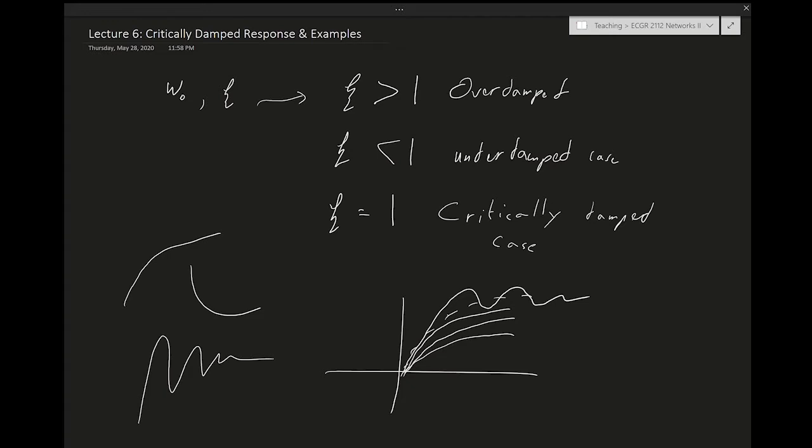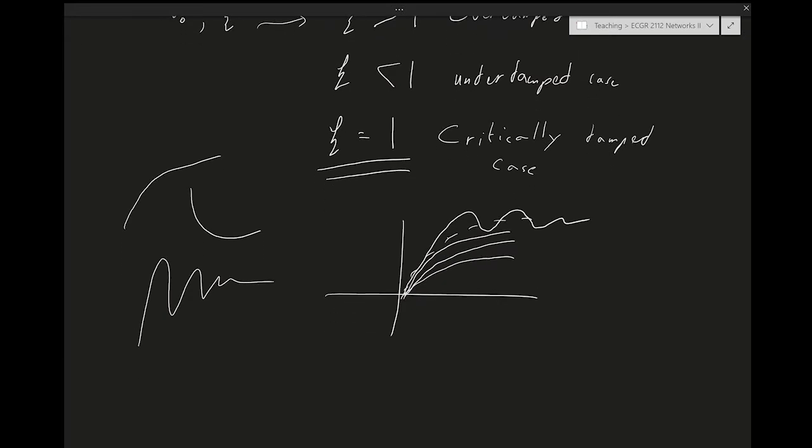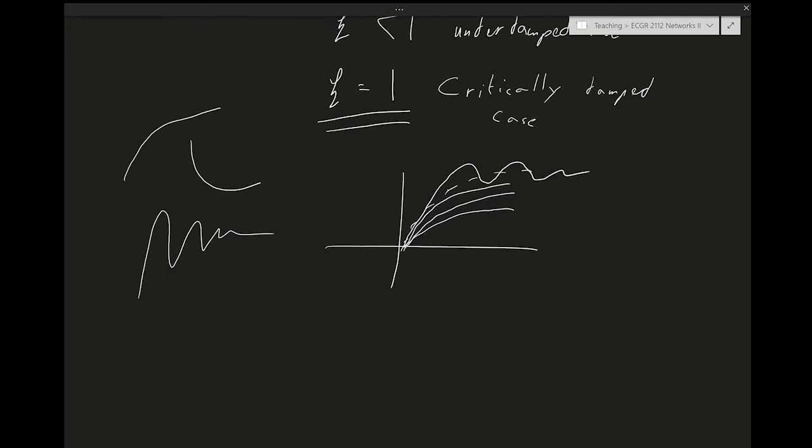Okay, the critically damped case requires special treatment. Why? Because remember we said that the characteristic equation for the second order system has two natural frequencies, lambda 1 and lambda 2. Lambda 1 is minus zeta omega naught minus omega naught times the square root of zeta squared minus 1.